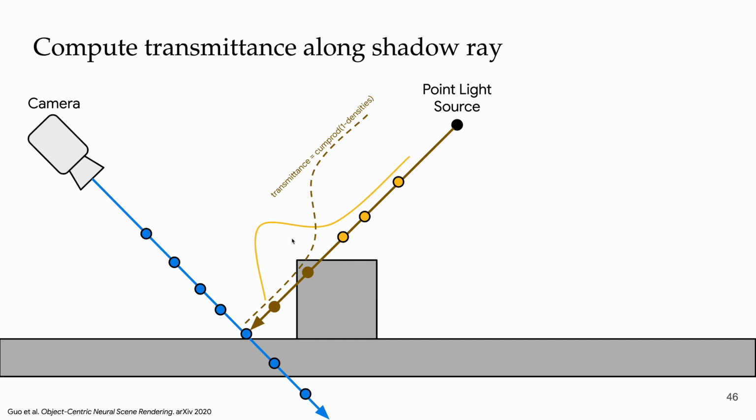This tells us, as a function of the distance along the ray, how much light actually reaches a certain point along the ray. And you can see that as the ray reaches beyond the cube, it gets dark, because the cube itself is occluding light from traveling to these later points along the ray.